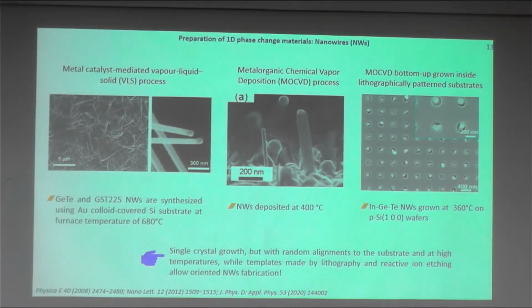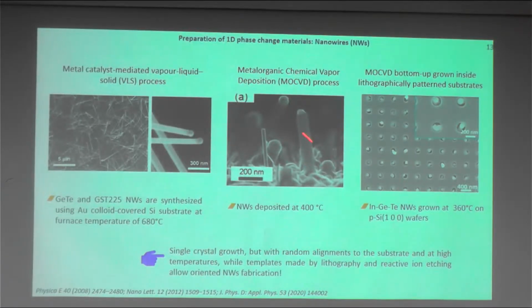C. You see, if you produce such nanowires, they have sizes in the nanometer range. They are long, but they are randomly oriented. By using MOCVD, which is metal organic chemical vapor deposition process, you can also produce nanowires with different sizes.